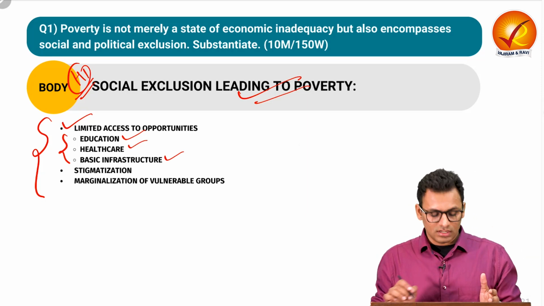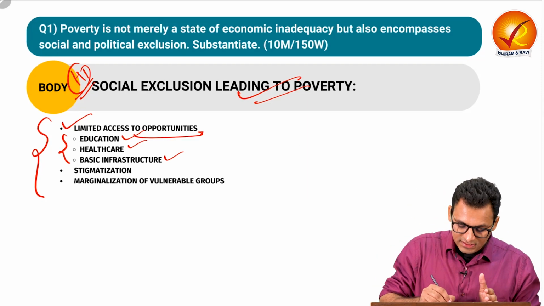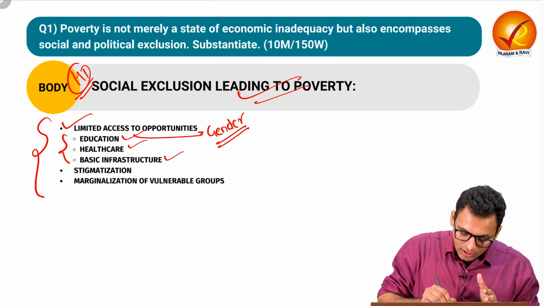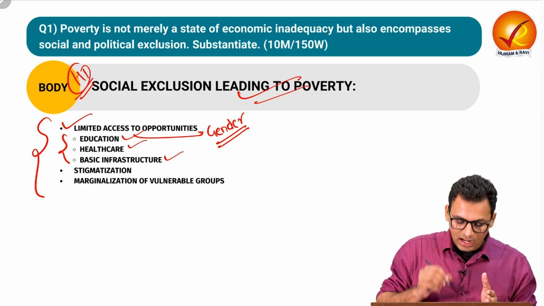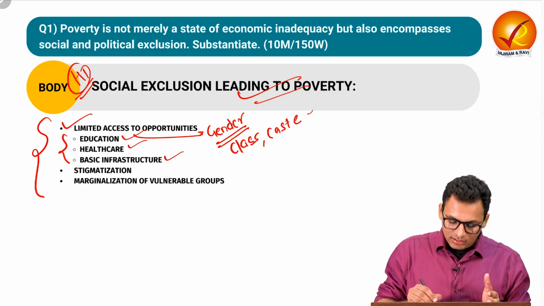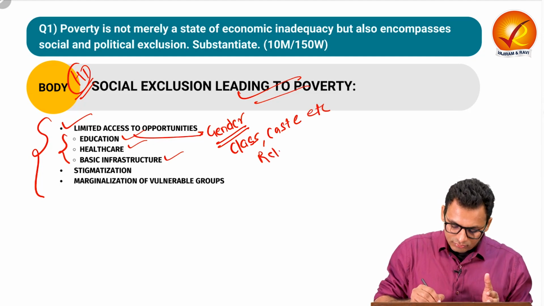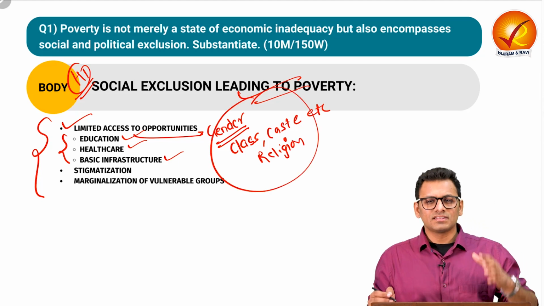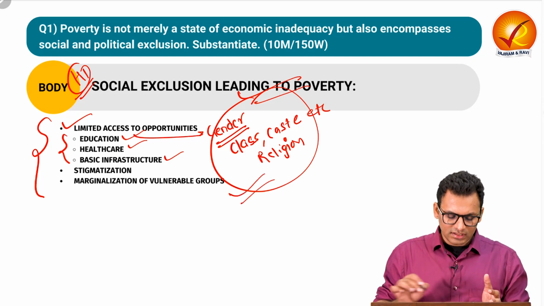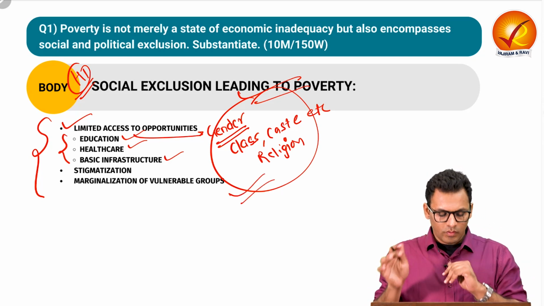In education, we are looking at certain kinds of discrimination. We have seen a higher degree of gender discrimination. Apart from gender, we have also seen the element of class, caste, even religion. These social indicators are used for the purpose of discrimination, and they lead to poverty.